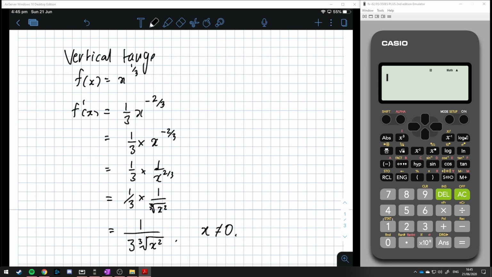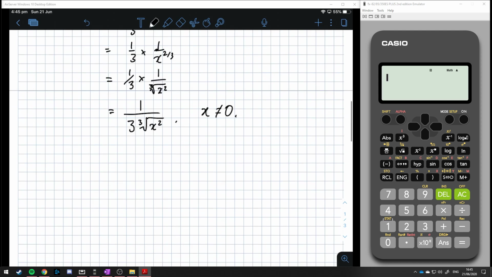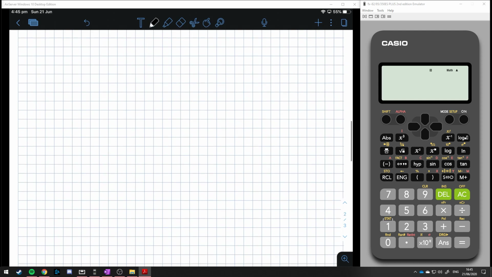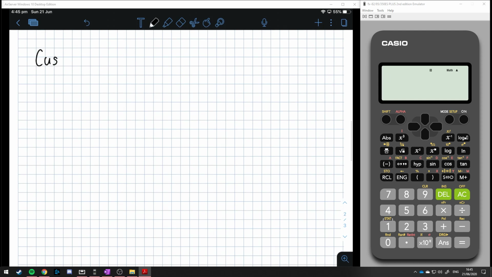Now let's look at another type of problem. I guess we could call it a cusp. Okay, so let's have a look at the function. So it's another function with a fraction. So f of x is equal to x to the 2/3. So f dash of x is equal to 2/3 x to the negative a third.